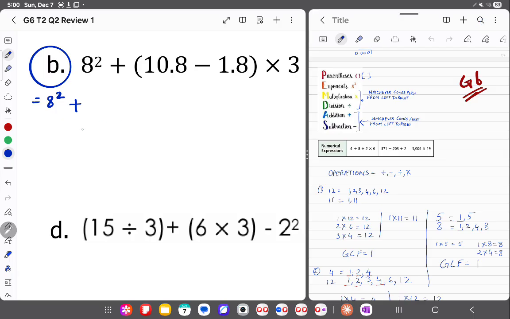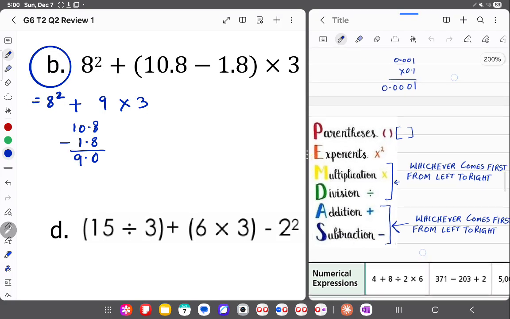We write 10.8 minus 1.8, which gives us 9. So we get 8 to the power of 2 plus 9 times 3.